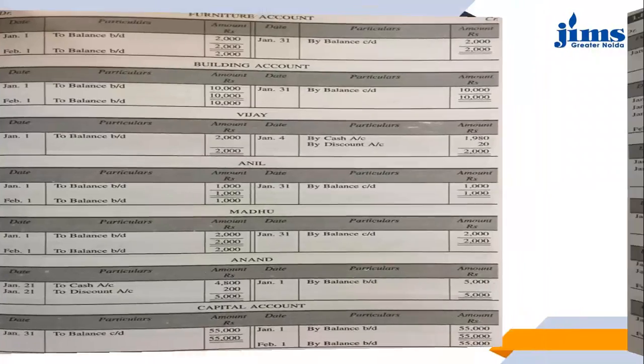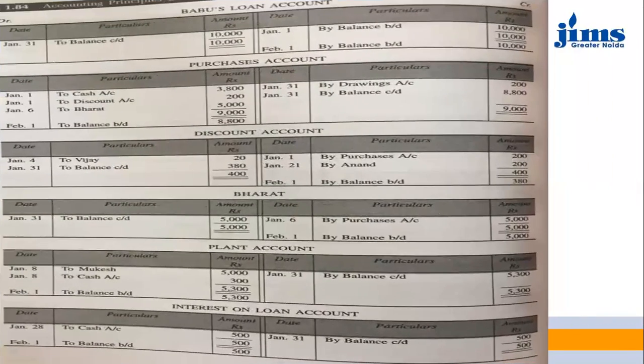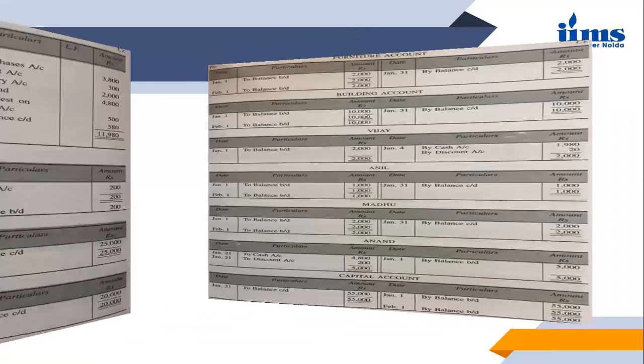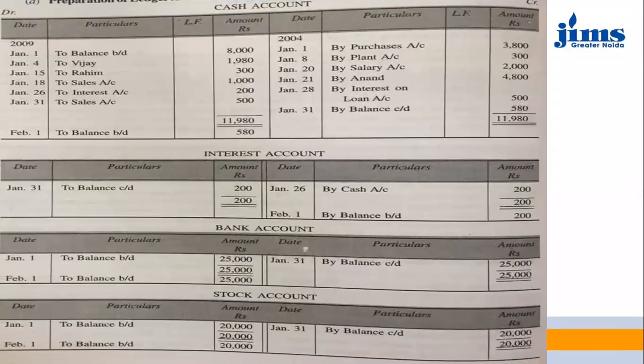Now, in this situation, there can be two solutions for this. One is in this question, as it has been solved here, you can see here interest account. One is the interest account, other is interest on loan account. So otherwise also you can prepare one interest account and accordingly you can show the interest amount. But in this question, they have taken up two accounts.